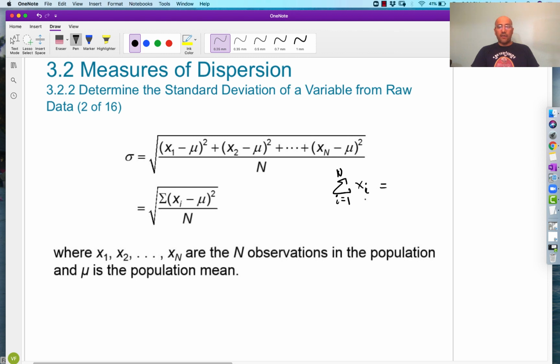What this is saying is we replace the i with a 1, and we get x sub 1, plus, and then replace the i with a 2, so we get x sub 2, plus, and then we just keep going on that cycle, and this number up here tells me when I'm supposed to stop. I'm supposed to stop when we get x sub capital N. Good. So that's what this notation means.